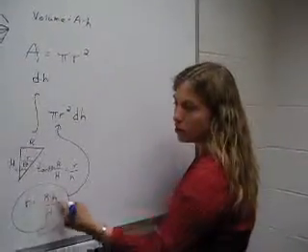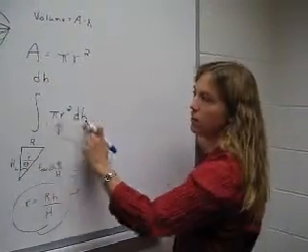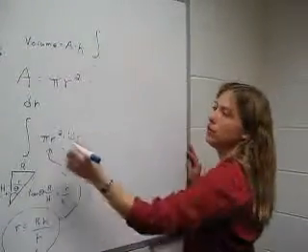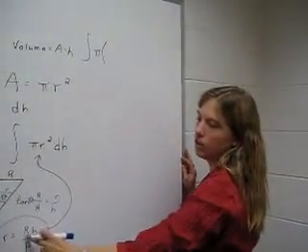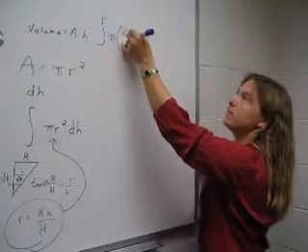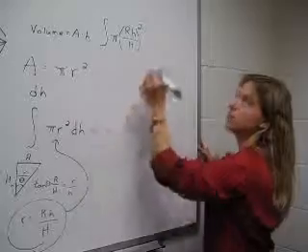Now we have an expression for r in terms of little h, and we need to substitute this in, and then we can take our integral in terms of h. So we'll have the integral of pi times big R times little h over big H, squared, times dh.